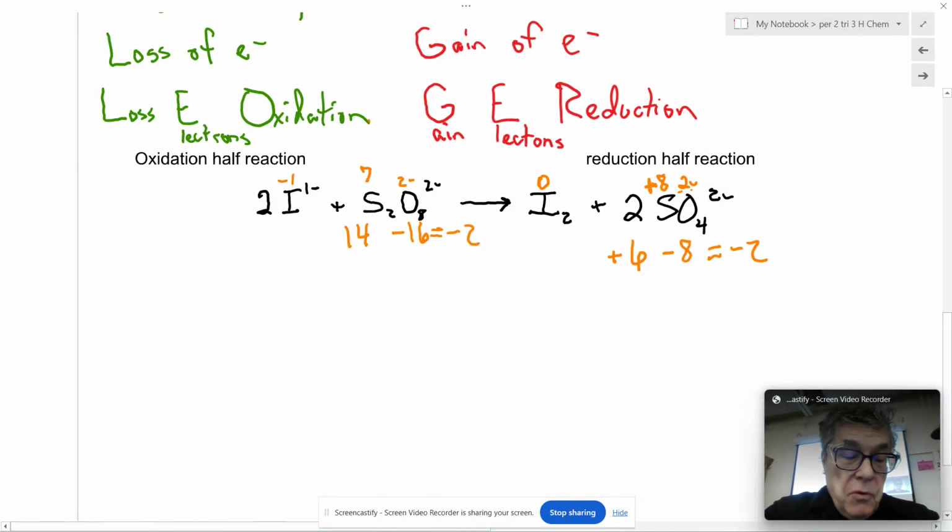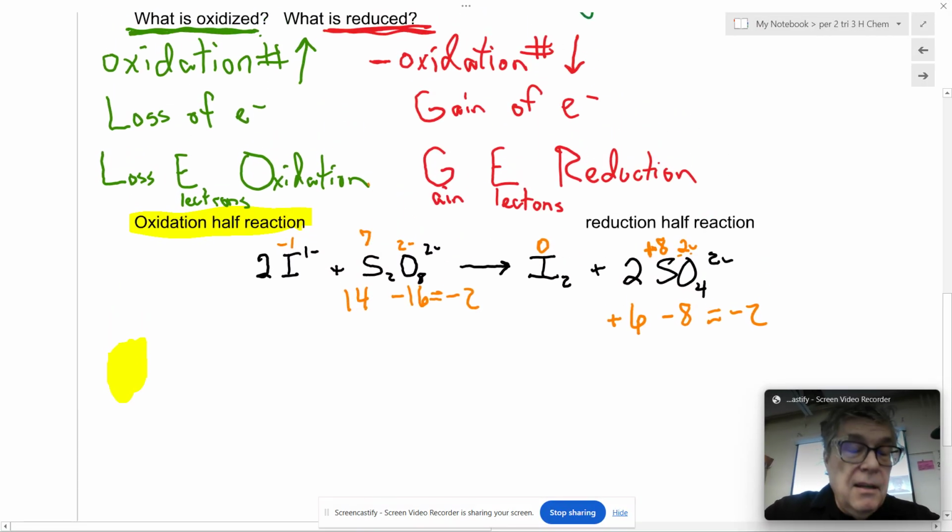So what we're going to do next is we're going to do the oxidation half reaction. That's what's right here, is the oxidation half reaction. And I want to remind you, we're looking for an oxidation number that goes up.